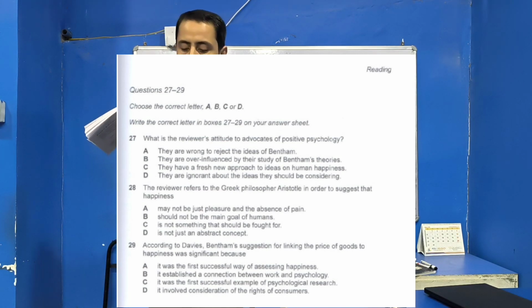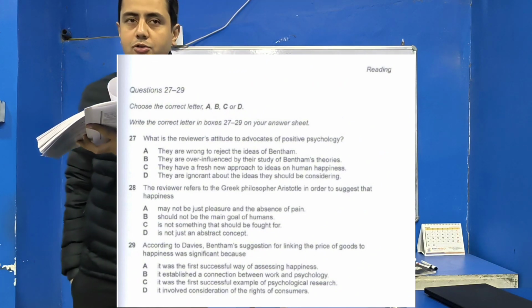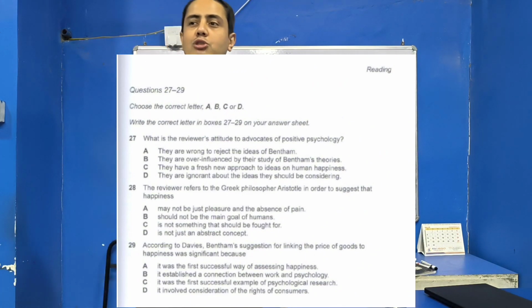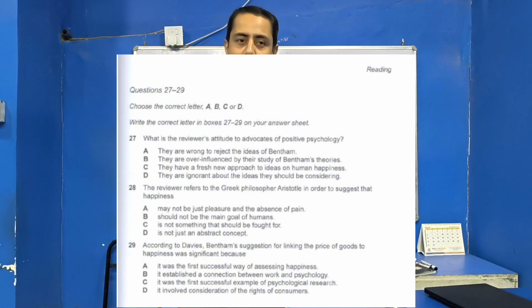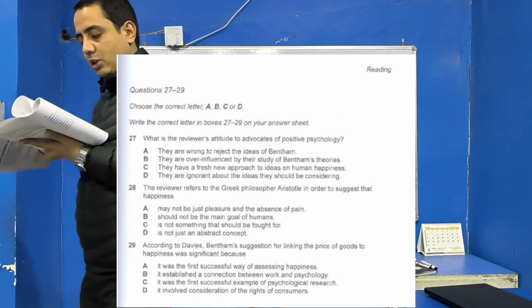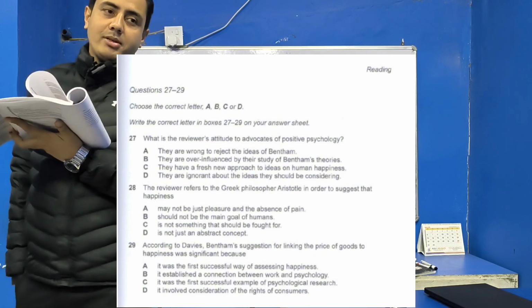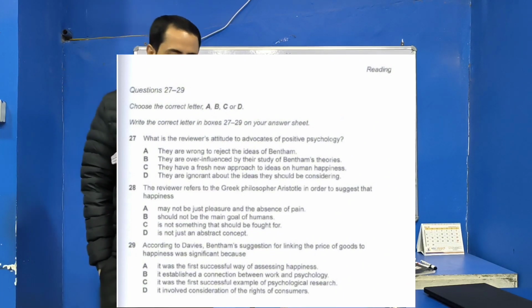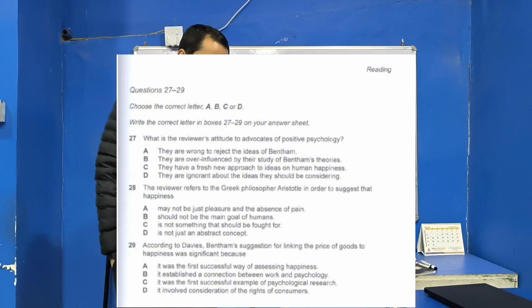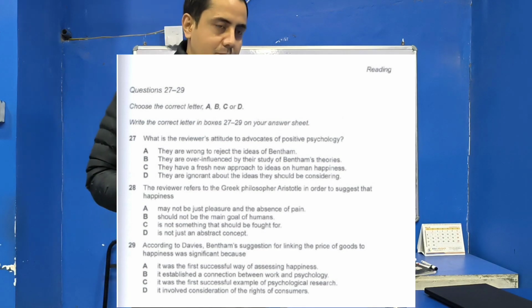Number B, should not be the main goal of humans. So humans should have other goals in life. Being happy should not be a goal. Number C, is not something that should be fought for. So if you are not happy, don't fight for your happiness. Maybe just let it be, I guess. Number D, is not just an abstract concept. You know abstract concept?